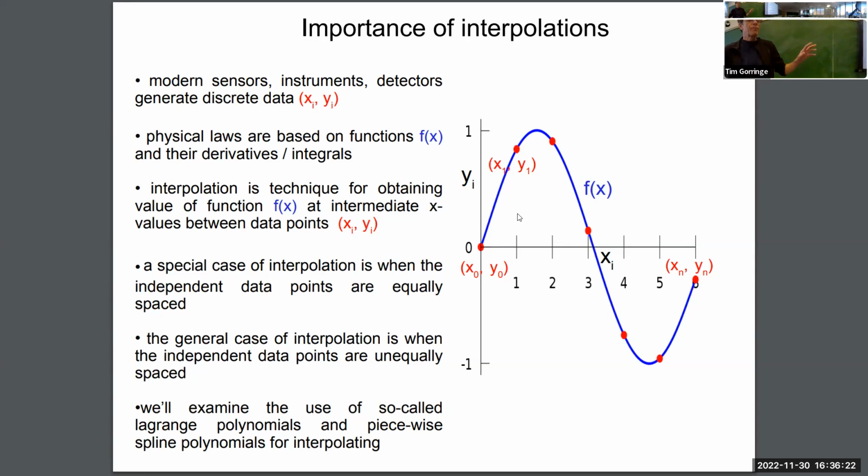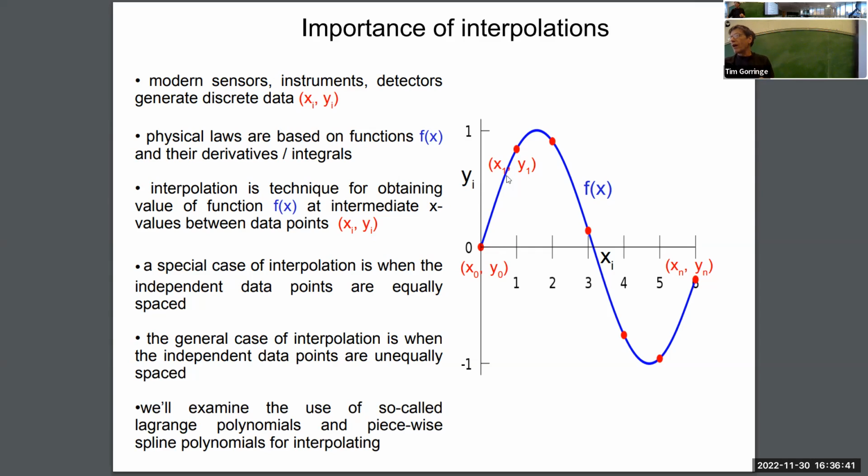We've got some sensor or detector or instrument. It's determined a series of discrete data points. So here's x subscript 0, y subscript 0, x subscript 1, y subscript 1, and so on, the red data points.